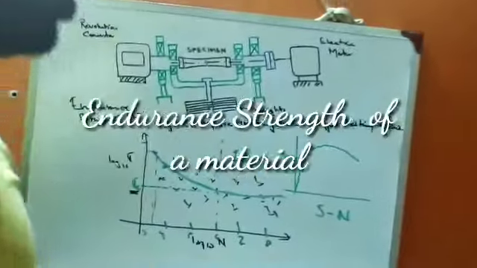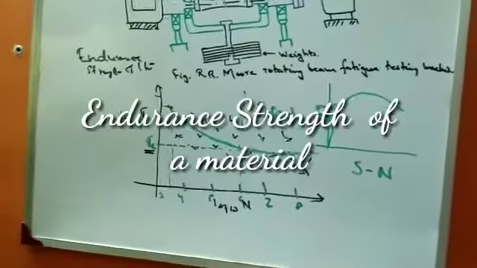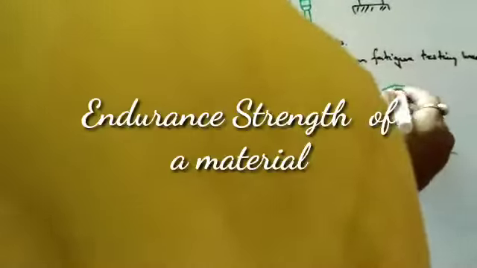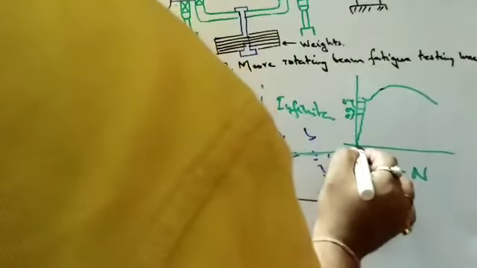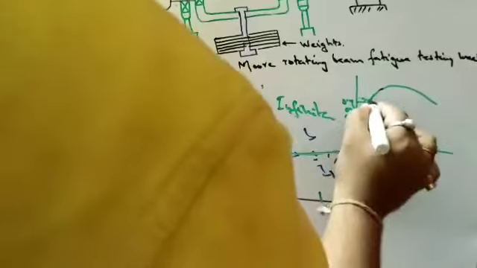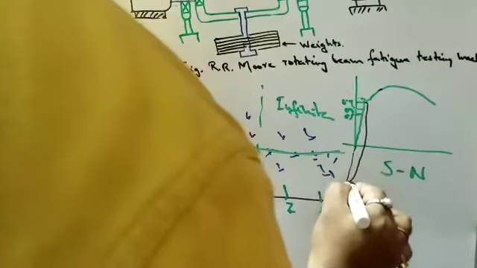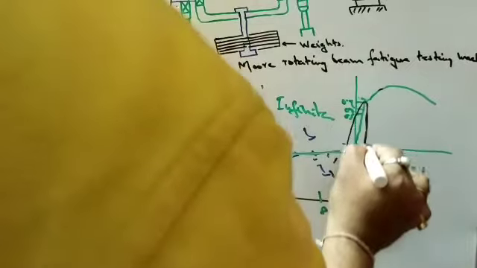Now this is an important consideration. What will happen for a material if it is loaded up to this point? If you try to remember, we have done this. This is for high cycle fatigue.